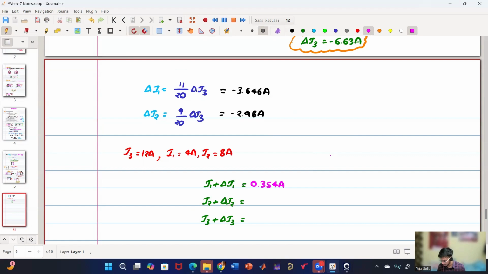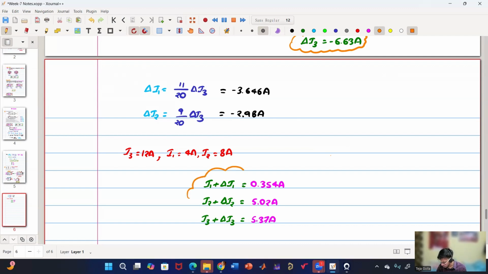I think I made a mistake. Sir, 5.02. Yes, 5.02. And I3. 5.37, sir. So these are the final values.